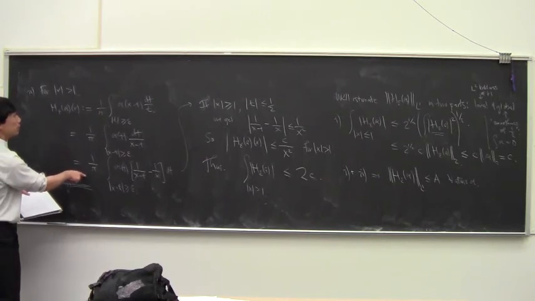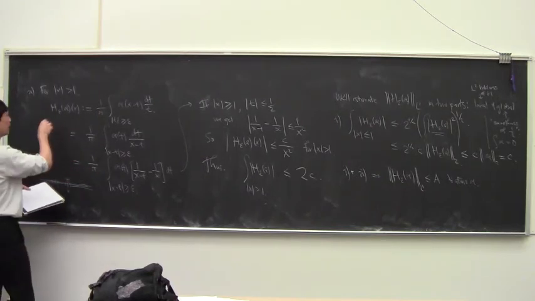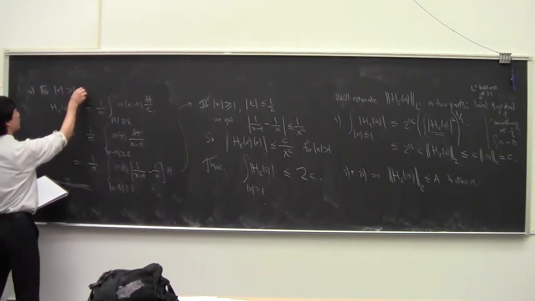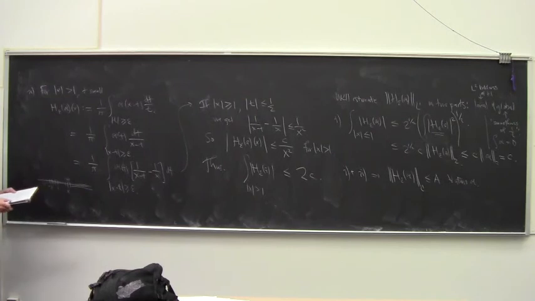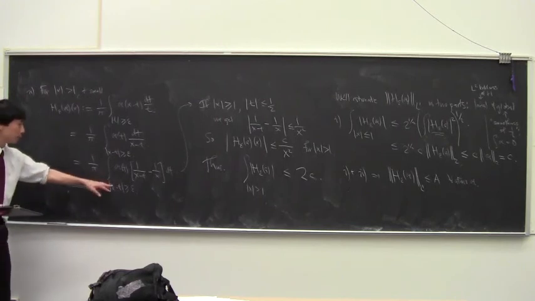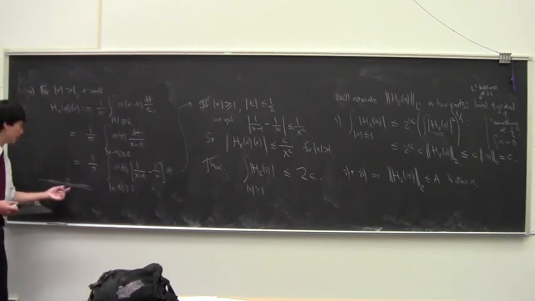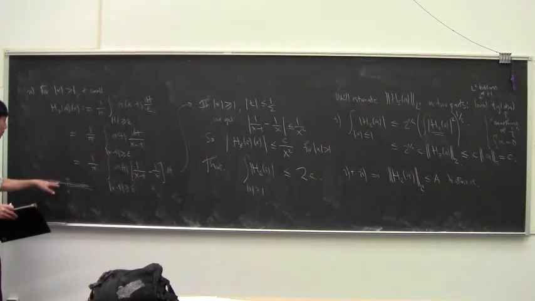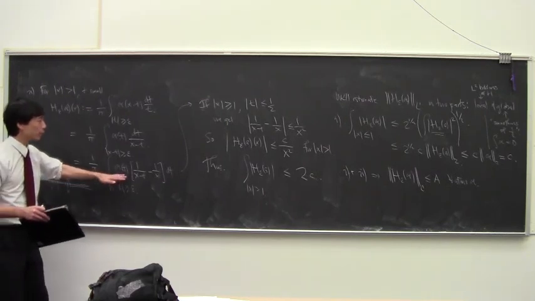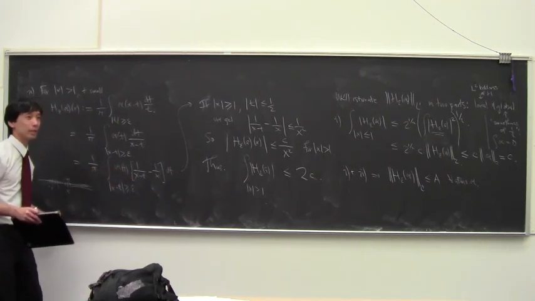So this is okay for t small. I should have said here t small. Yes, thank you, you caught something. t has to be small enough that this thing covers the support of a. Because then we're integrating over the support of a, and we do get 0. Thank you.